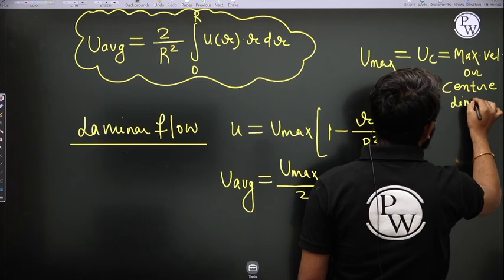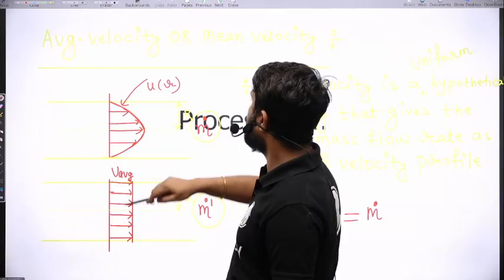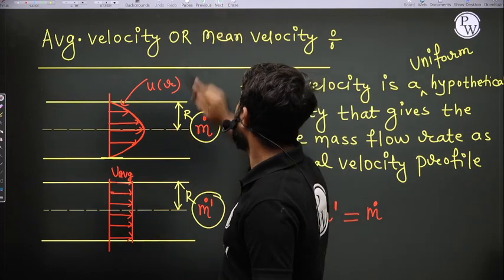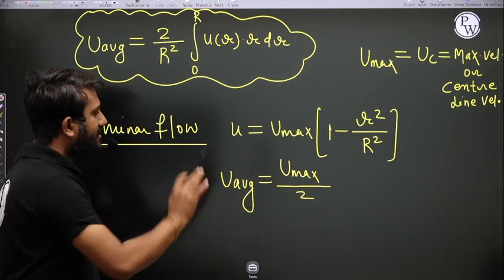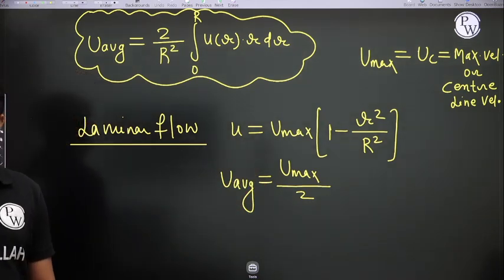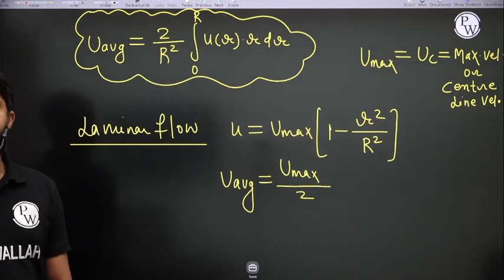At the center line the velocity is maximum. So in case of laminar flow, u average is equal to u maximum by 2, or simply u maximum is equal to 2 times u average. Fine.